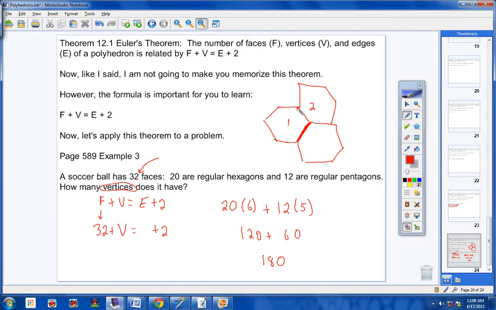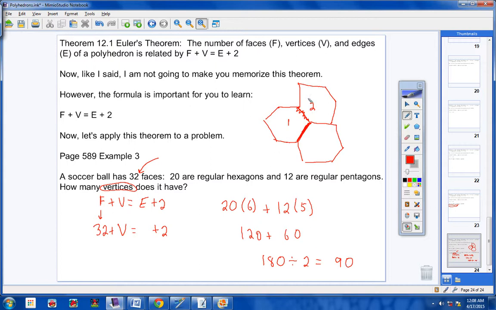So every single edge that's formed really took a side from each polygon. So what that means is you're going to have to take this and divide it by 2, because if there's 180 sides, listen to me, every 2 sides gives you an edge. So I cut this in half, and that gives me 90. That's how many edges there are.